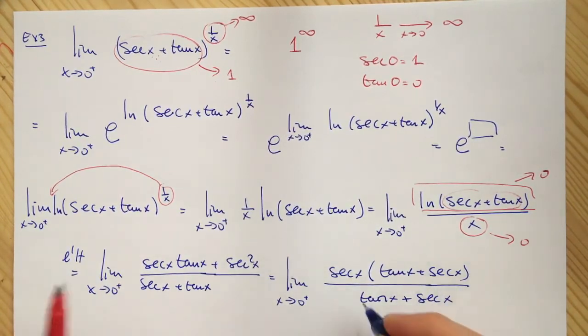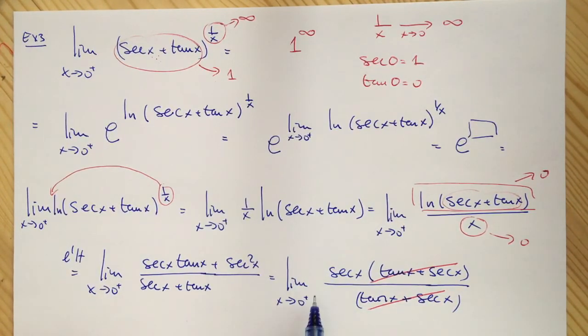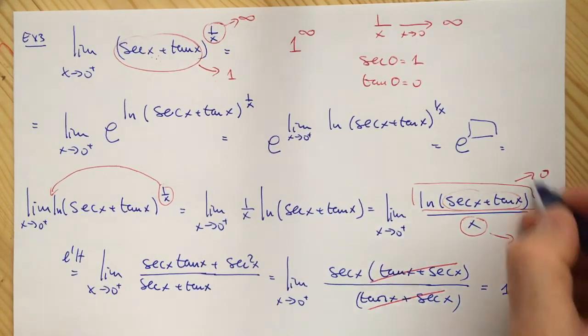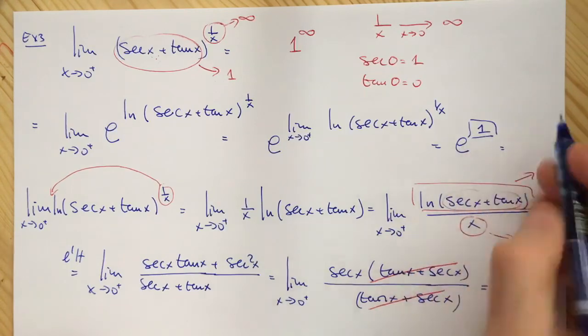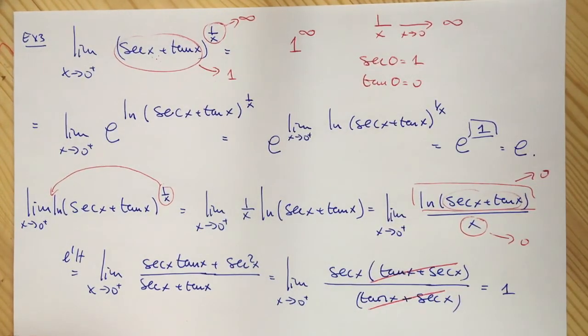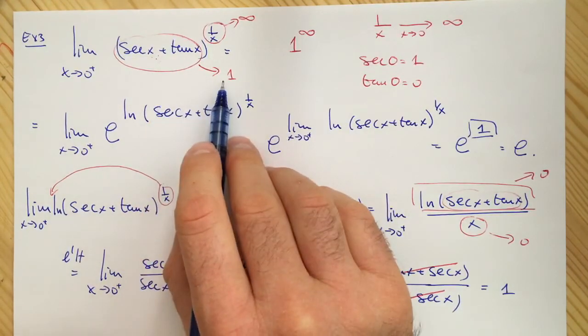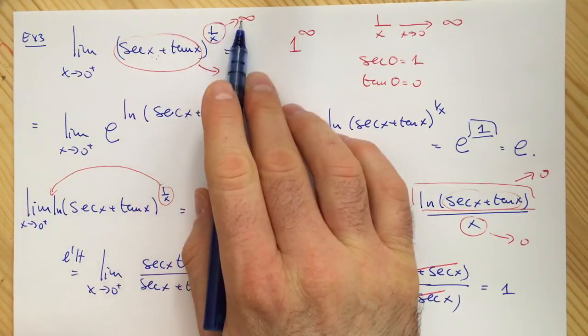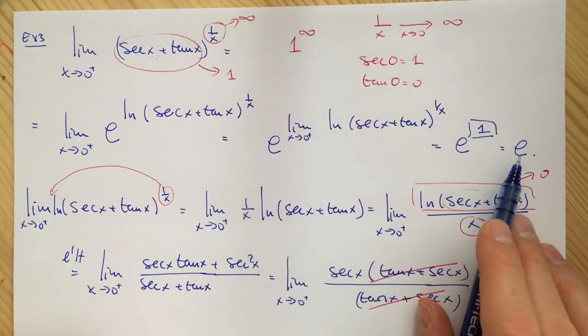But now, having the same factor in the numerator and the denominator, I can cancel these two, send x to 0, secant of 0 is 1. So, come back here, the exponent approaches 1, e to the power of 1 is equal to e. And that's the answer of this limit right here. You see the base goes to 1, the exponent approaches infinity, and this limit converges to the number e.